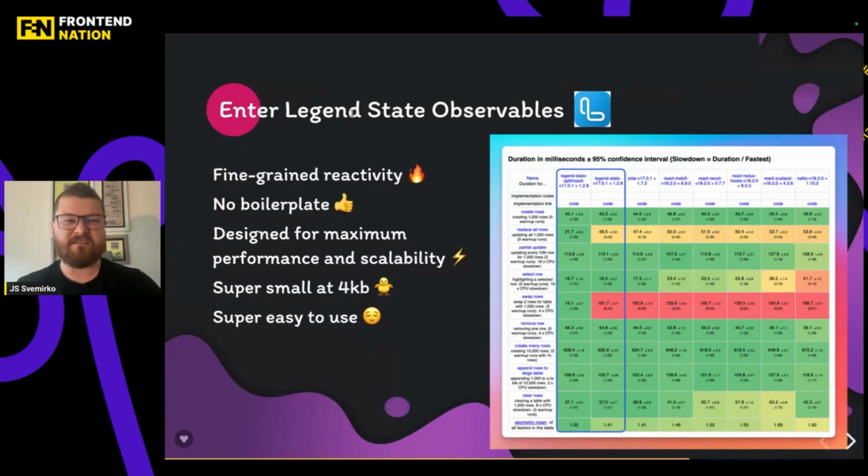And there is an absolutely legendary state management library called Legend State, which brings fine-grained reactivity to React with minimum boilerplate, and it is designed for maximum performance and scalability. They even say in their benchmarks that they are the fastest reactive state management in React.